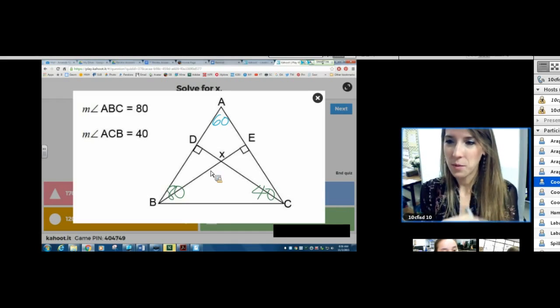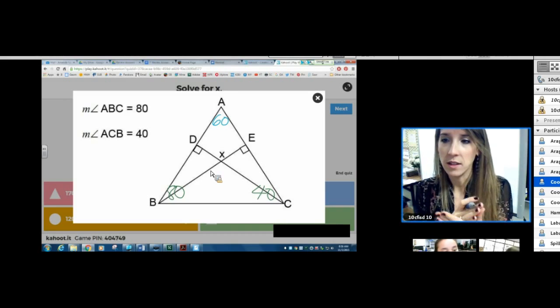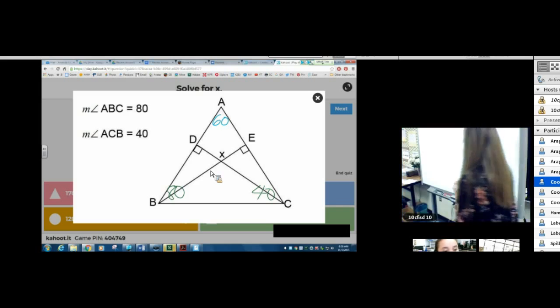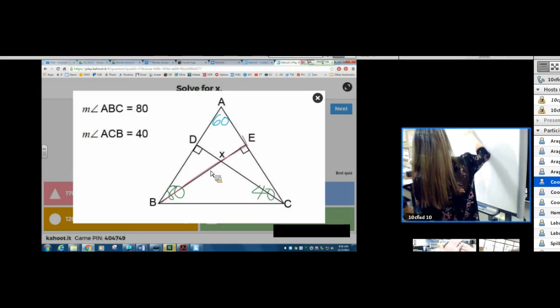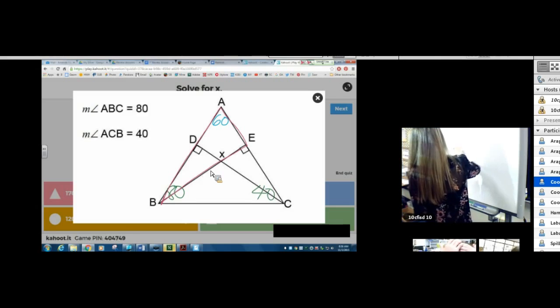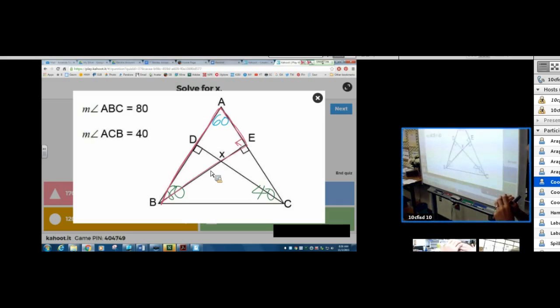Yeah. So when a figure has so many lines going on, you need to look for triangles. You need to be really good at finding triangles inside triangles. So I spy a right triangle right here, right? So that could help us find that missing angle.